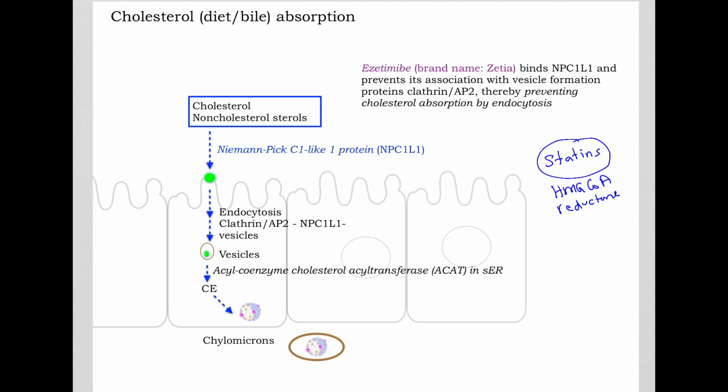And now we see another example of a drug that can actually inhibit cholesterol absorption, thereby lowering our blood cholesterol levels. So we can lower blood cholesterol by preventing its absorption, and we can lower blood cholesterol levels by decreasing its synthesis.